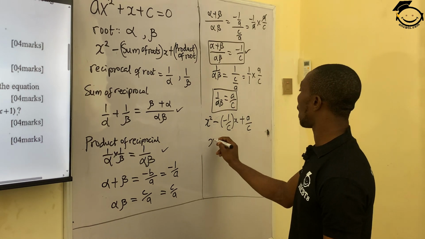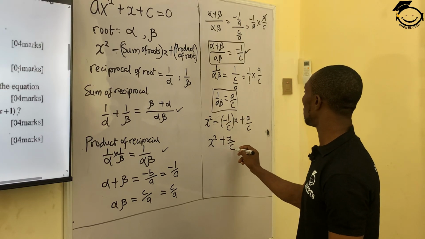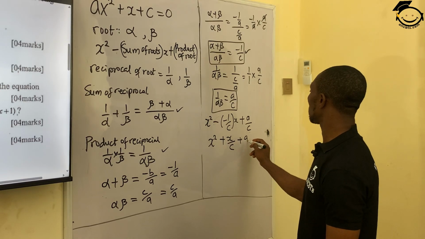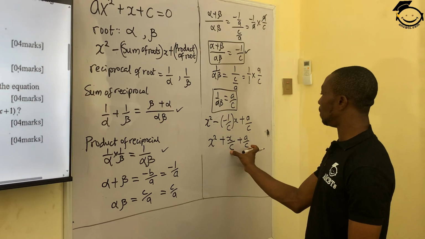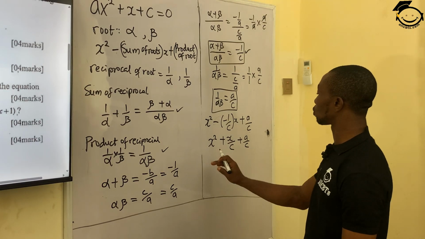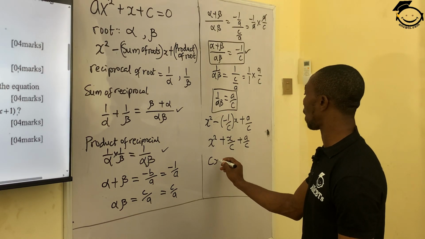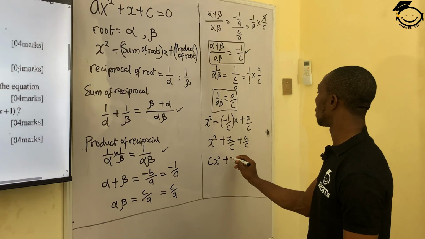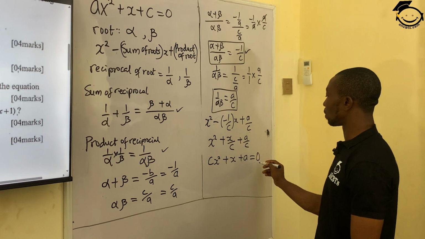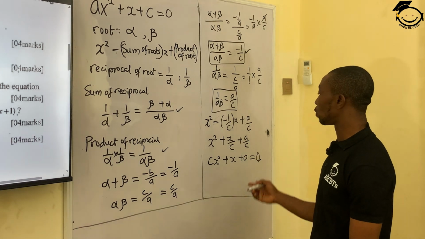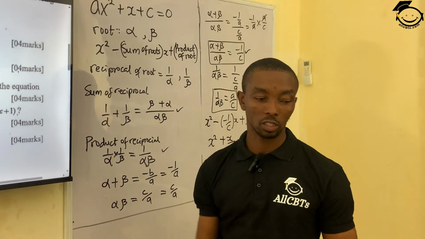So this will become x squared plus x over c plus a over c. Now, since we're having a common denominator, we can simply cancel out by multiplying through the equation with c. So this becomes c x squared plus x plus a equals 0. This will be our equation for the reciprocal roots of that equation.